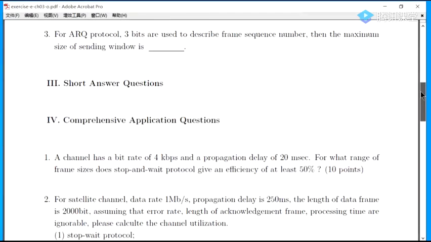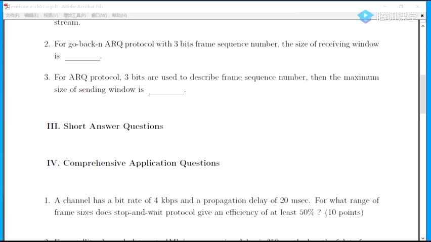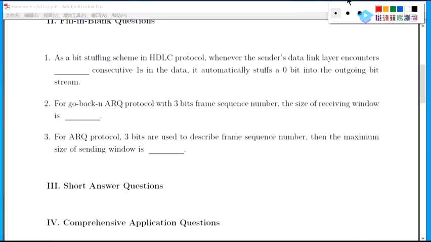But here it asks about the receiving window size. The size of the receiving window is always 1. Okay.